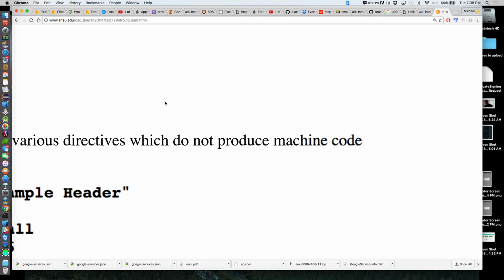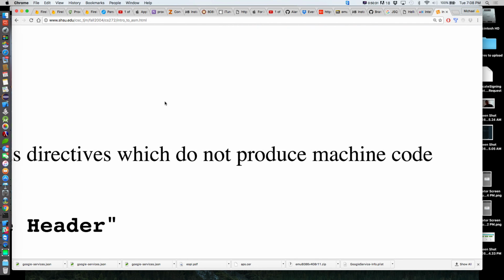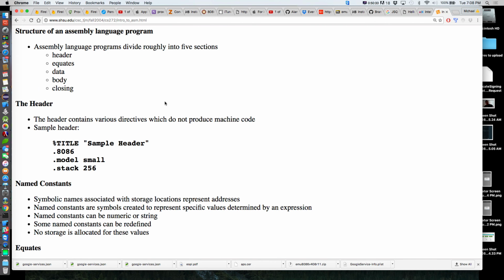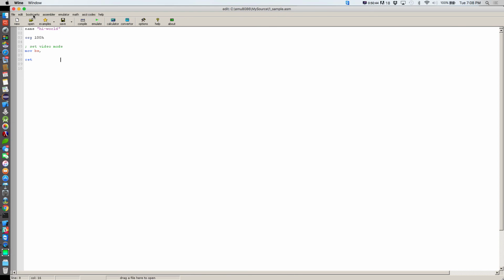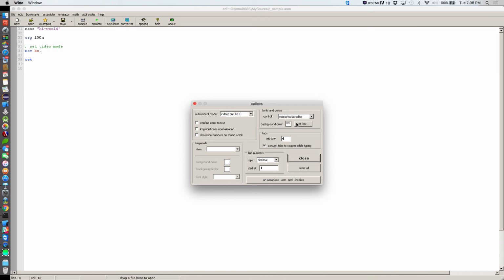This is running as a Windows emulator on the Mac. Oh, zoom. Can I zoom it? Nailed it. That's bigger. It's way bigger. It's definitely bigger.